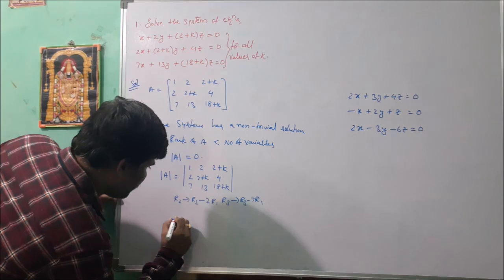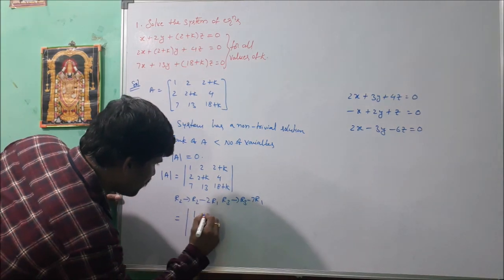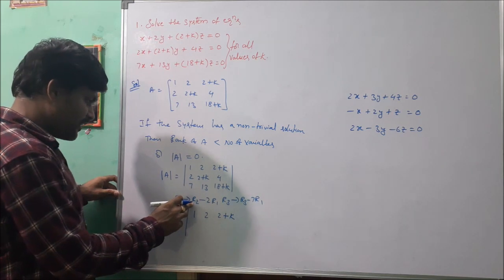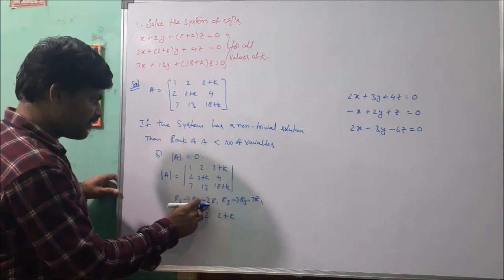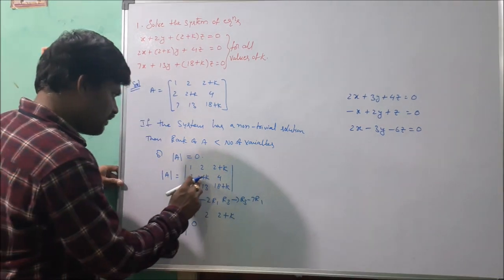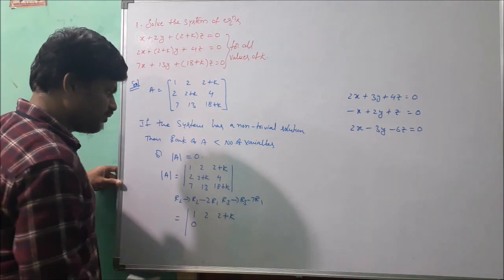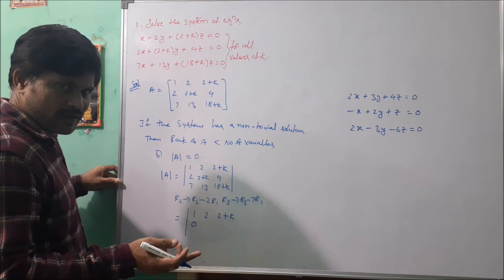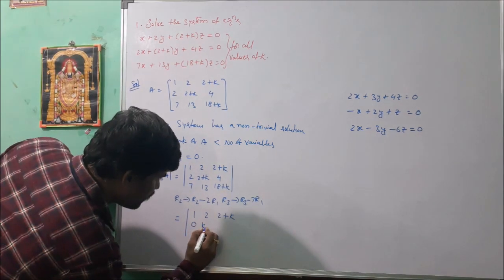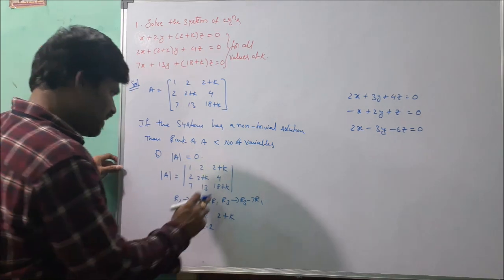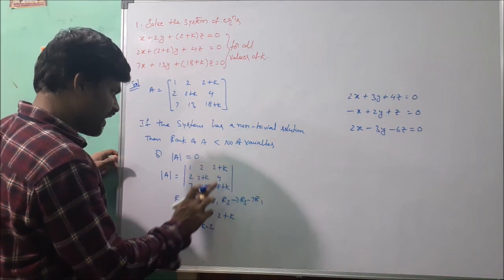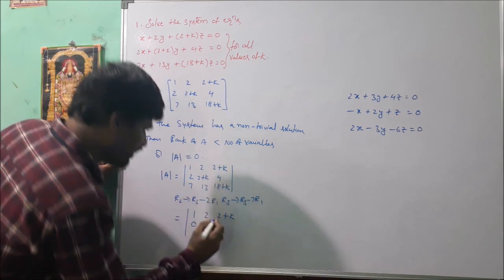The first row does not change. In the second row, 2 minus 2 into 1 is 0. Then 2 plus k minus 2 into 2, minus 4: 2 minus 4 is minus 2, so we get k minus 2. Then 4 minus 2 into 2 minus 4: 4 minus 4 cancels, and we get minus 2k.